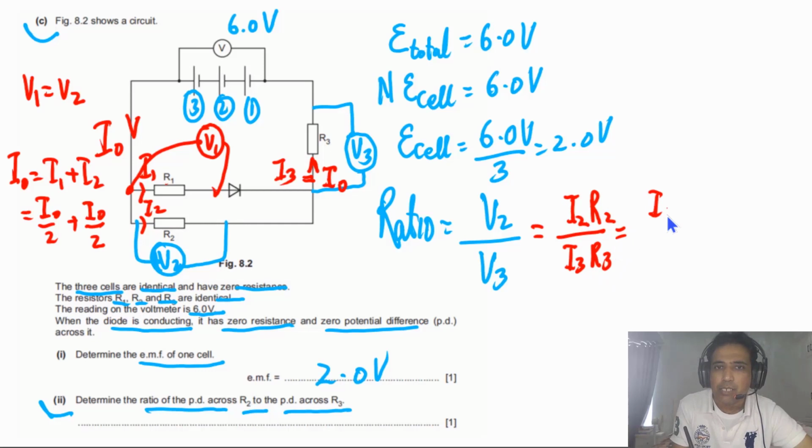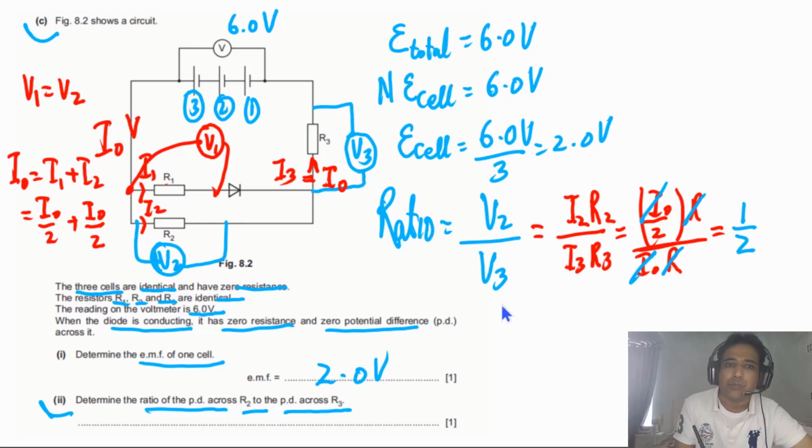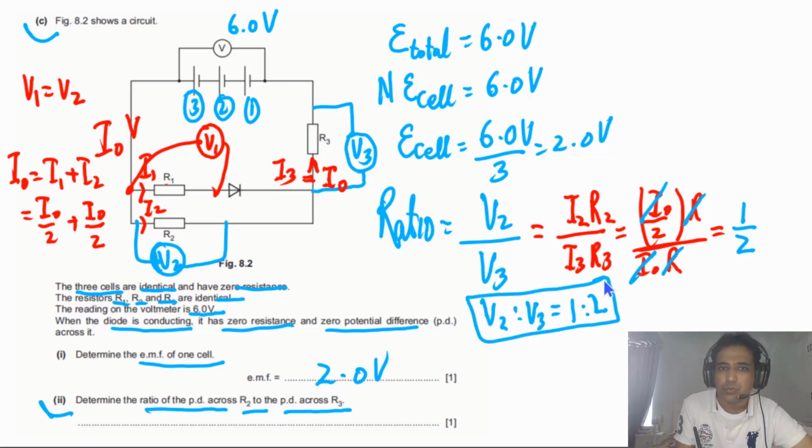I2 is equal to I0 by 2 times R, and this is divided by I0 times R. So in this case we can cancel I0 with I0, and R with R, so we are left with 1 by 2. So the ratio between V2 and V3 is simply equal to 1:2. So this is our final answer. This is what you need to write down.